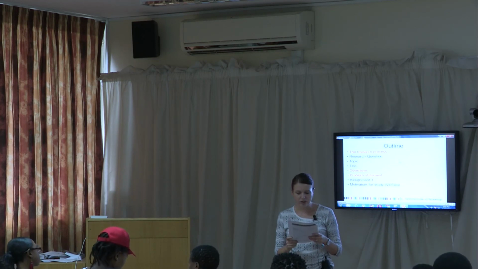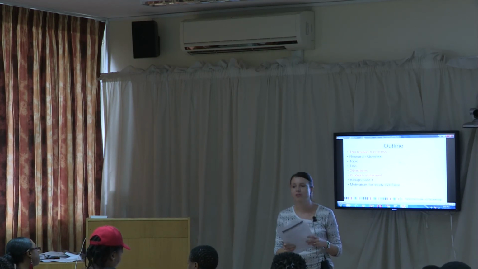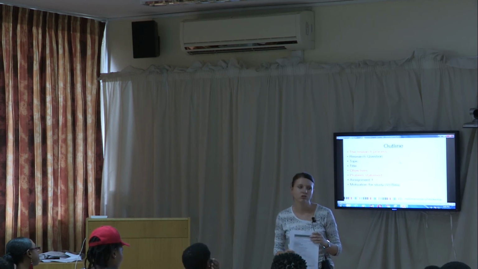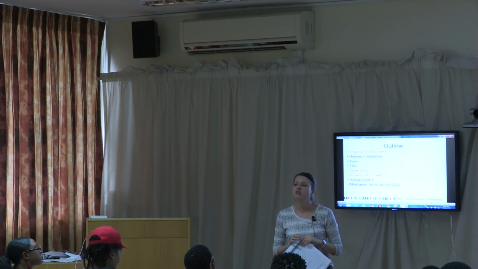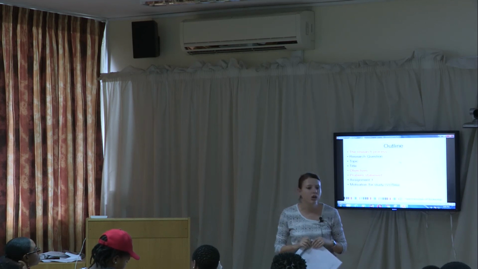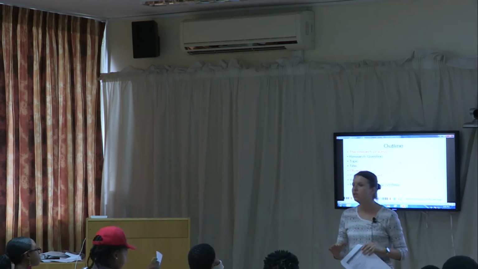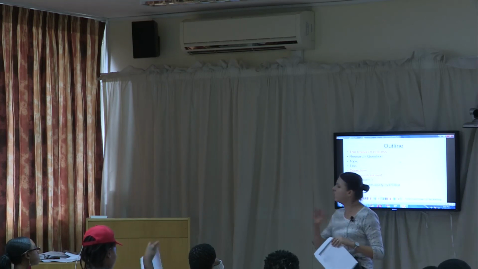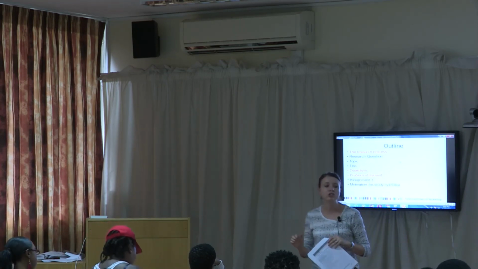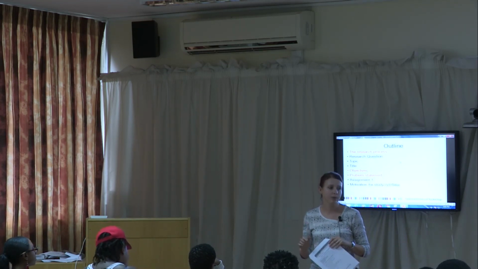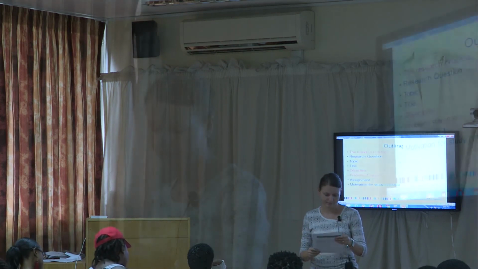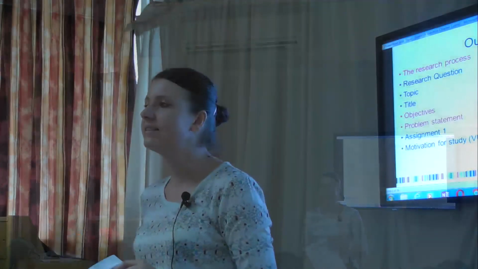And then we're also going to look at the writing style, and the referencing counts 5 marks. You do not reference your objectives. That is your own work. You do not reference your title. You do not reference your primary or secondary objectives. But what do you reference? Your problem statement.